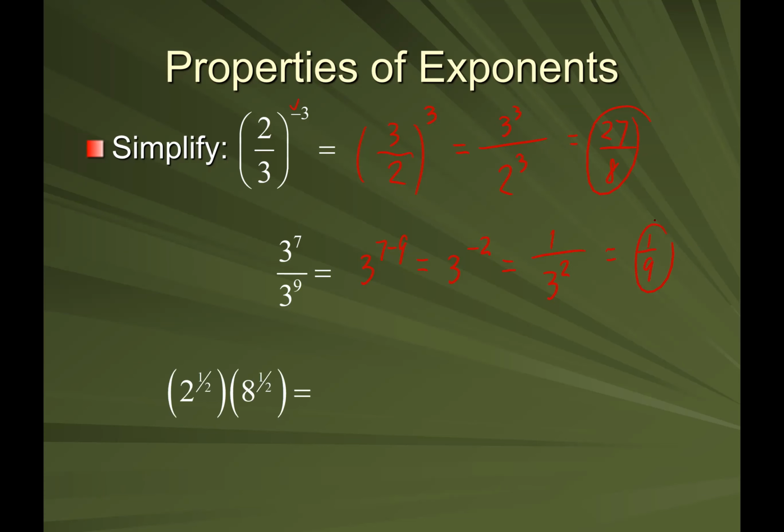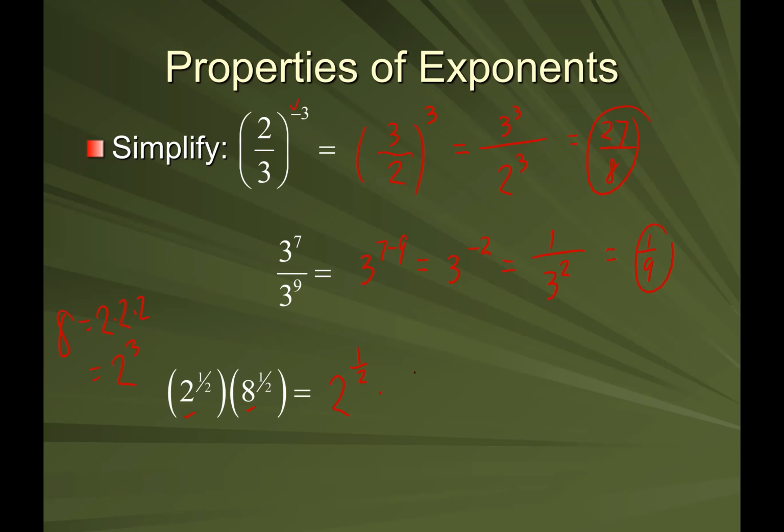All right, and this one, make sure you notice that the base must be the same, and here the base is not the same, so we have to do a little conversion here. So 2 to the half remains as this, but we know that we can convert 8. 8 equals 2 times 2 times 2, which is 2 cubed.